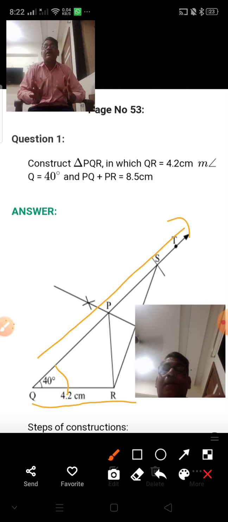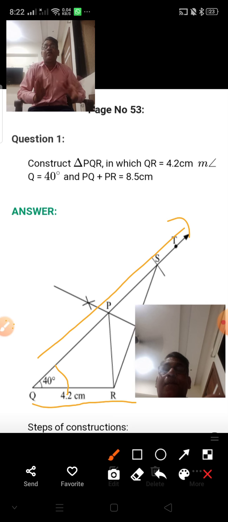Addition of the other two sides is 8.5. Now you have to take a distance of 8.5 in your compass, and keep it on point Q, this point, and make an arc here by 8.5.